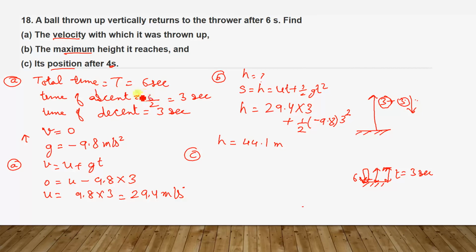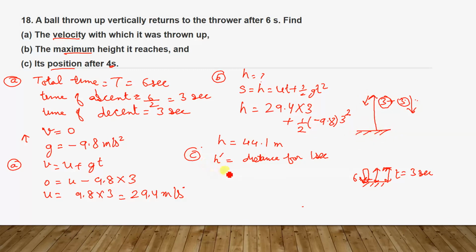Let me take h' as the distance for 1 second. अब it is moving down, downward direction की हम study कर रहे हैं.